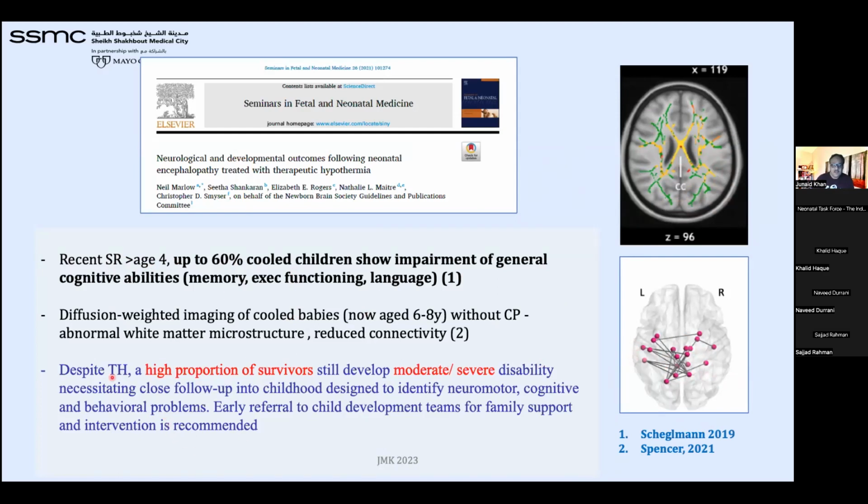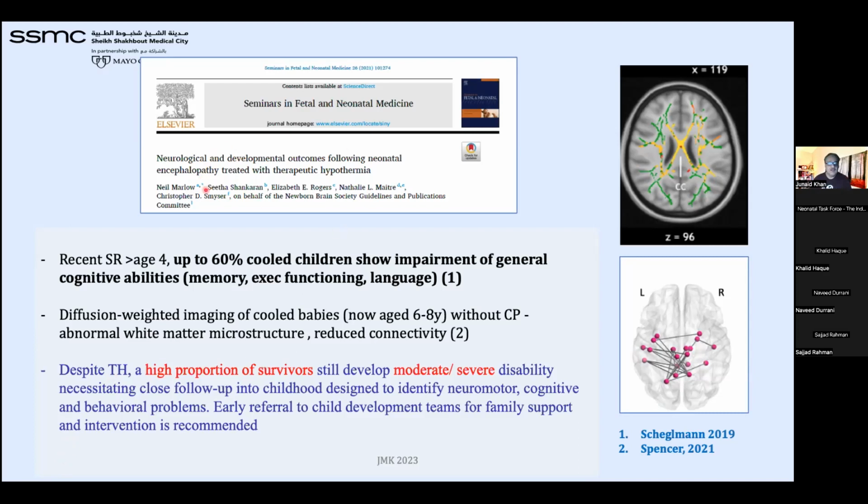So despite therapeutic hypothermia, a high proportion of survivors still develop moderate to severe disability. I'm not saying that we shouldn't do it or shouldn't try, but we have to have an environment for that. And I will tell you during this talk what we should have if we really want to do it.